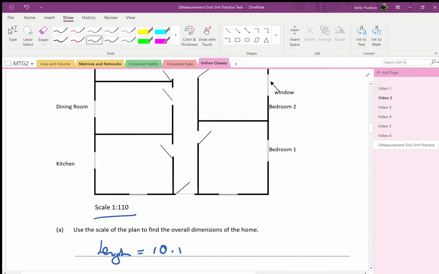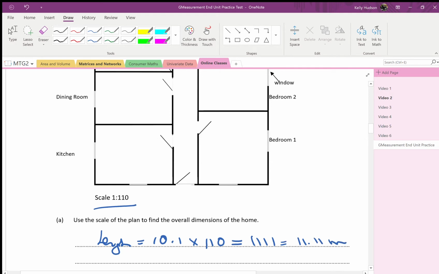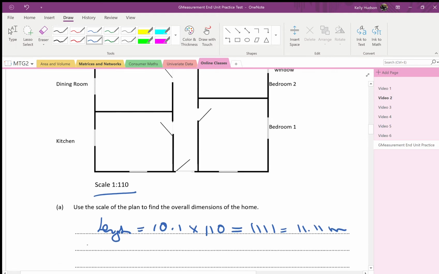So I'm going to take the 10.1 and I'm going to multiply that by my factor of 110, and that's going to be equal to 1111. Right, now I could divide that by 100, which sort of makes sense, and that equals 11.11 metres.